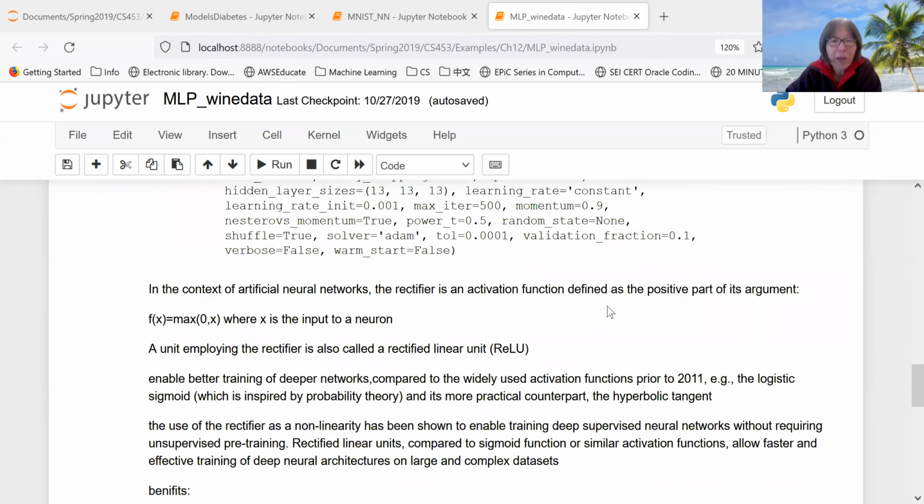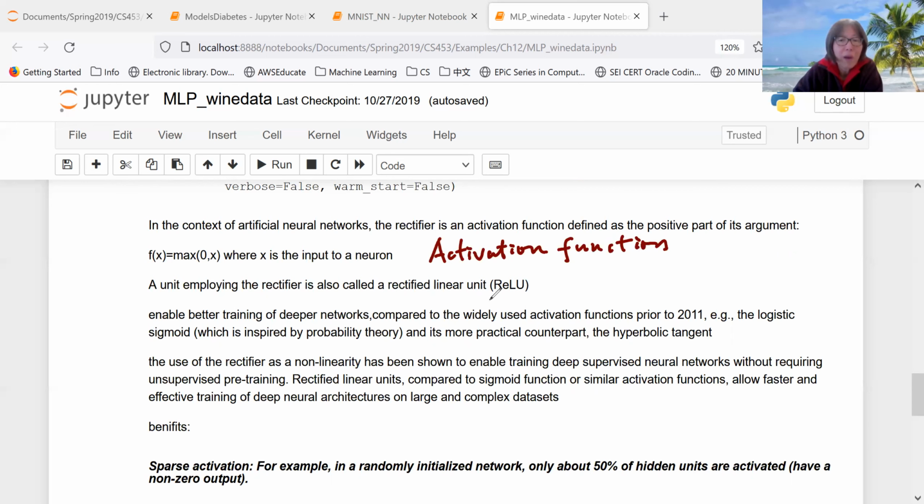Okay, about that activation function. The ReLU, okay, so basically it's called a rectified linear unit. Its format is like this.